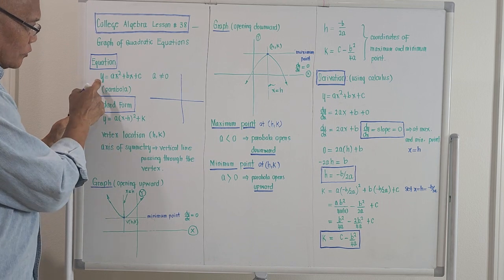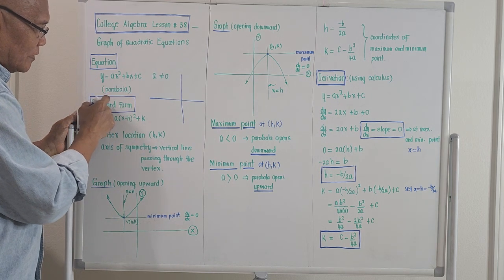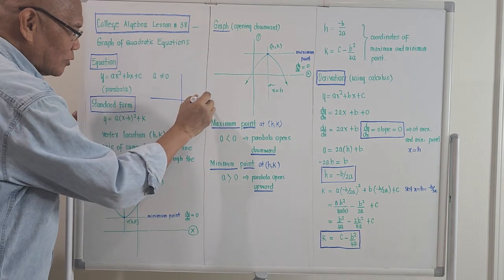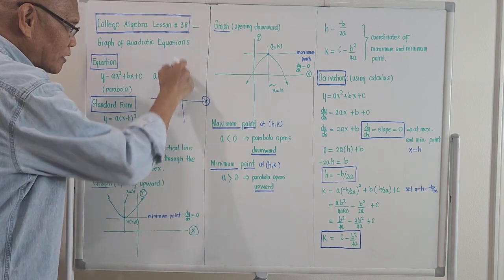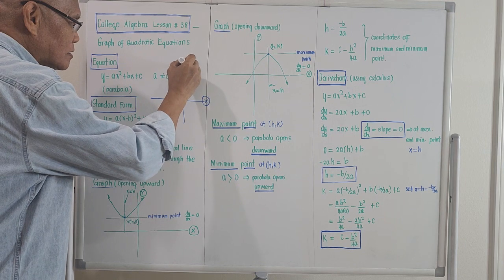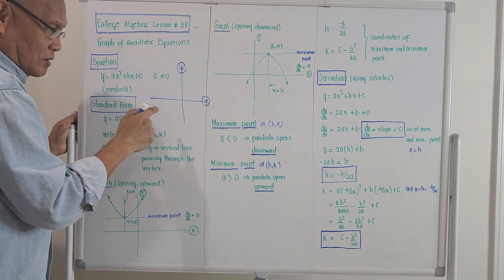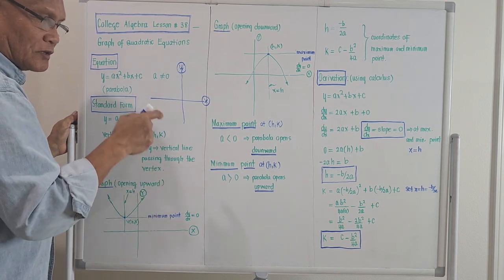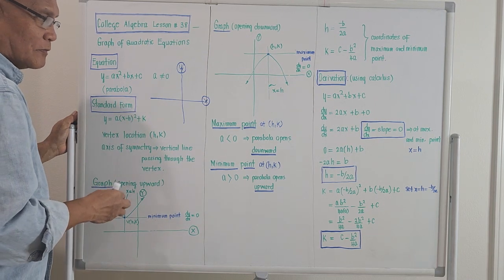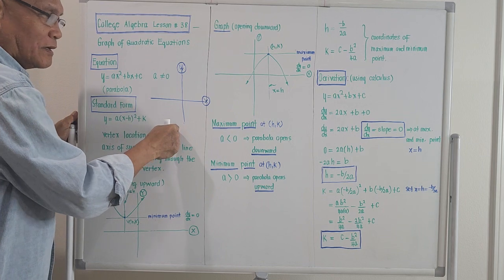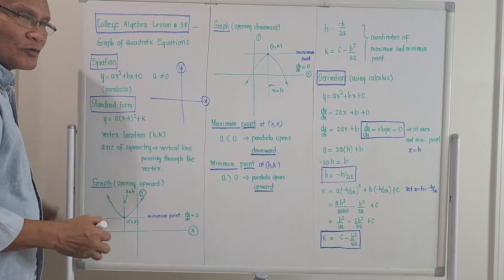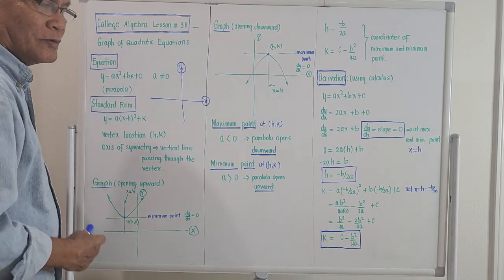If we graph this, the horizontal one is the x-axis and the vertical one is the y-axis. The abscissa is x, the ordinate is y. This is now analytic geometry. That's why I told you a while ago.